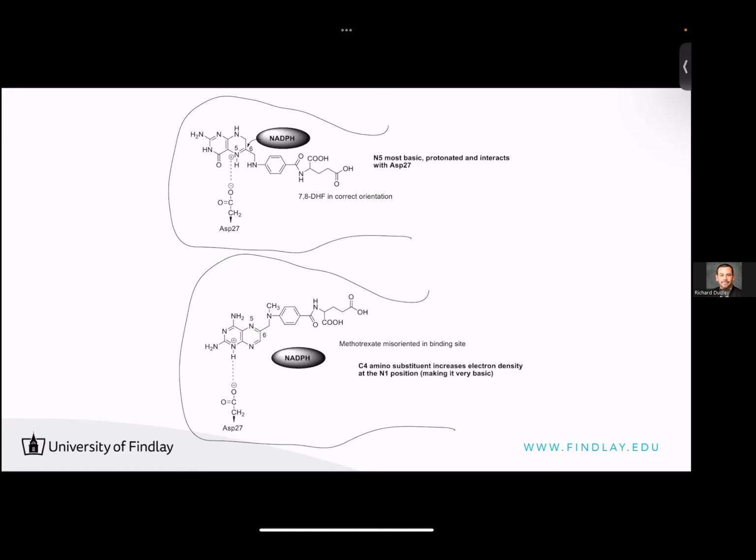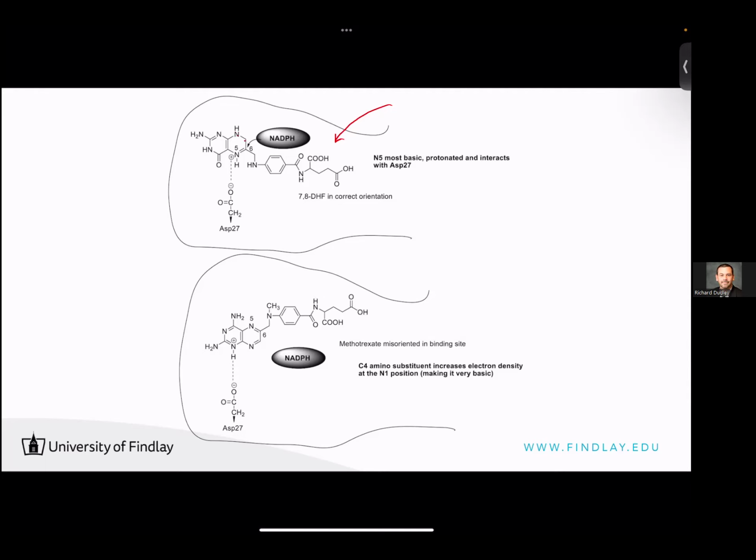On the top, what you see is a rendition of how dihydrofolate is bound in the active site of dihydrofolate reductase. So this is folic acid that has been reduced at least one time.